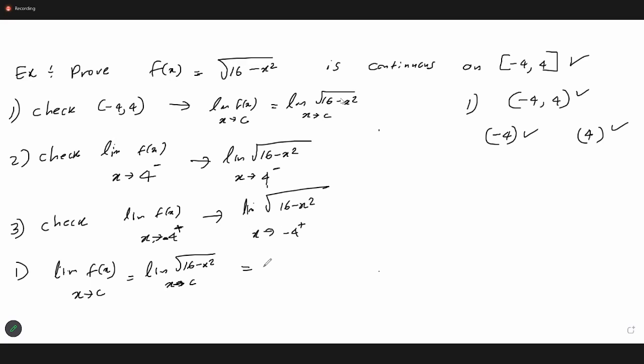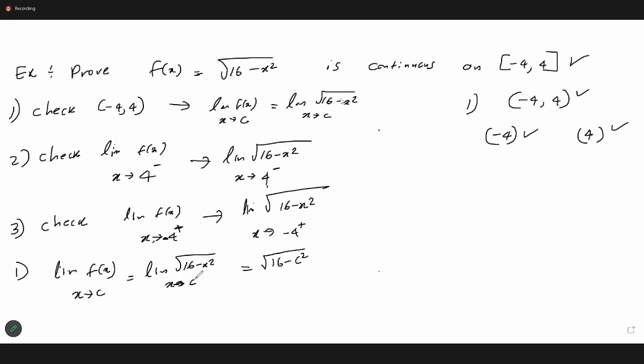Can you write down the value like this? Just plug the value of c into the function. When you find limits, the first thing is to just plug in and see what happens. That's the first part. If there is a problem, then you have to do something more.